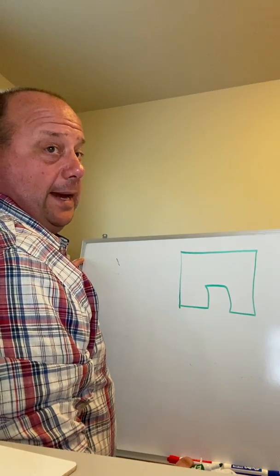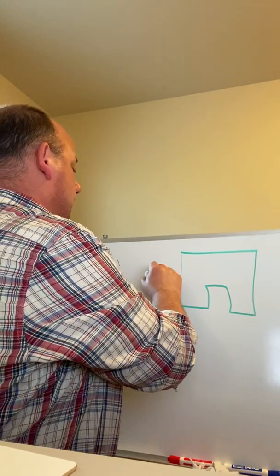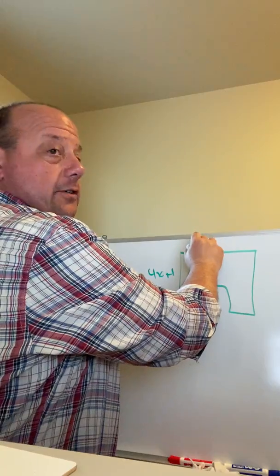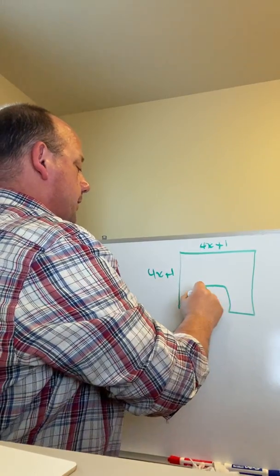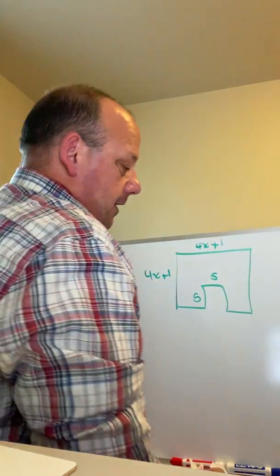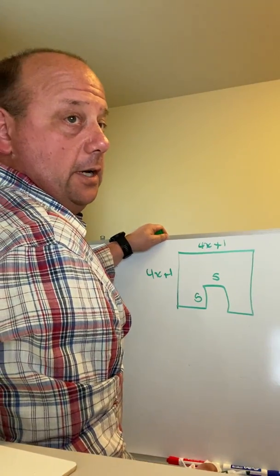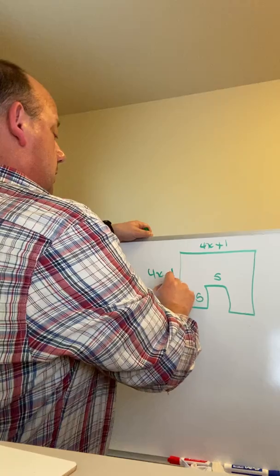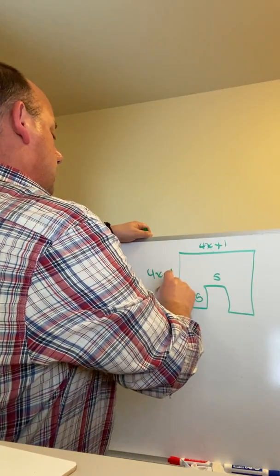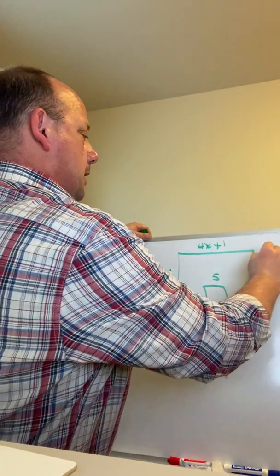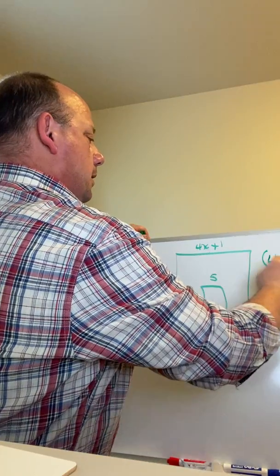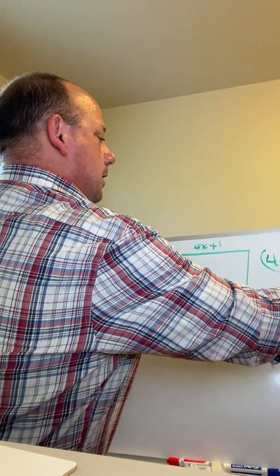All right. You're back. We know that this is 4x plus 1, and this is 4x plus 1, and these are both 5. If this is the area that they're working with, how do you find the area of a rectangle? Length times width, or base times height, whatever you want to say. It's 4x plus 1 times 4x plus 1.